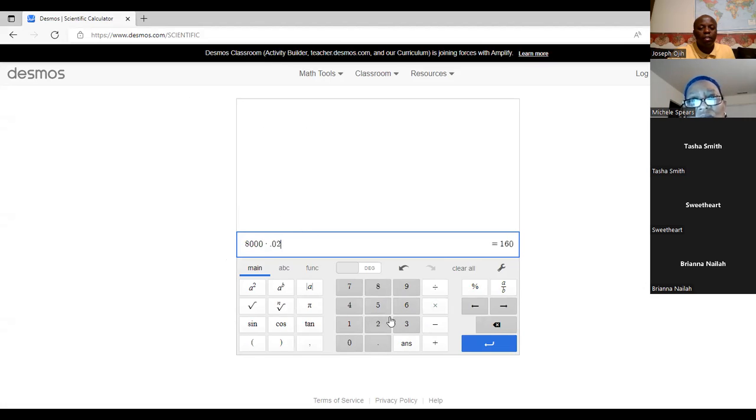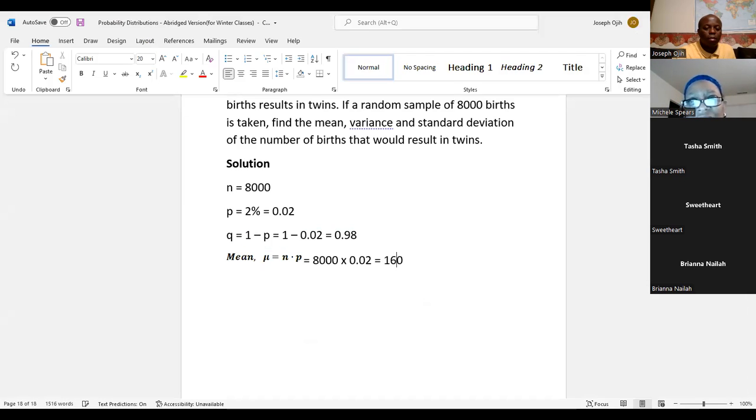Let's see if you're right. Yeah, you're correct. Very good. So 160 births result in twins.